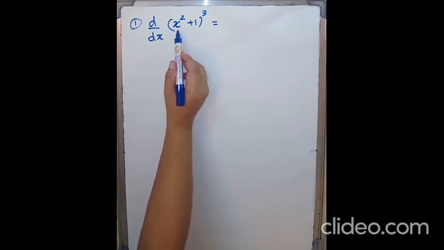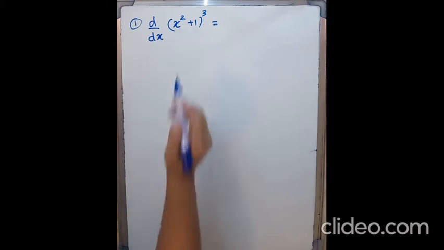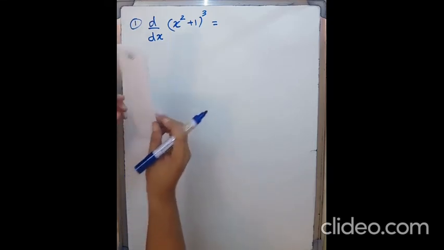Same thing we will do in the shortcut method, but everything we will do in our mind. So I have a piece of paper here. What I will do, my t, x square plus 1, I will hide using this piece of paper.